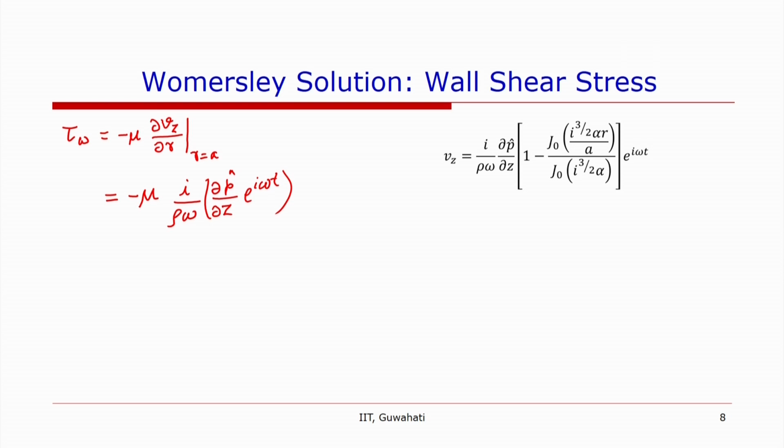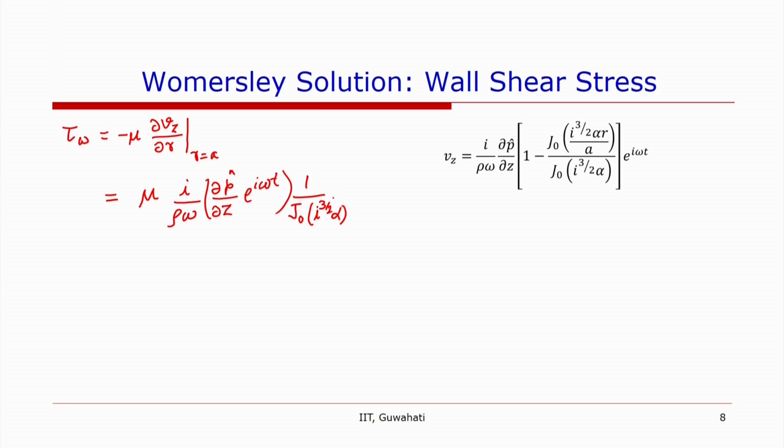The first term in this bracket, because it is a constant, it is not dependent on r, so that will be 0, and there will be a minus sign, so that minus and minus they will make plus, so we can just get rid of this sign here, and then 1 over j naught i to the power 3 by 2 alpha.